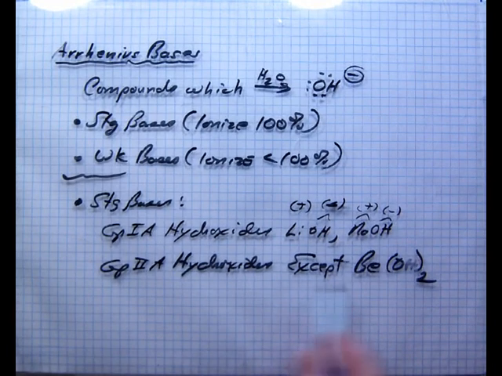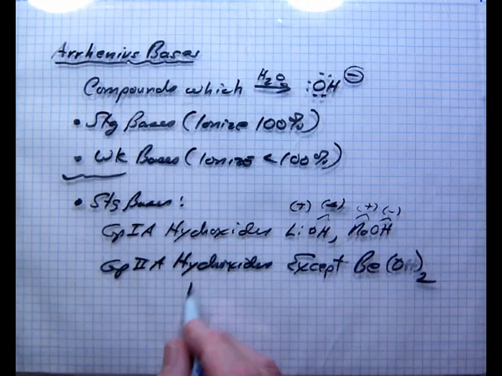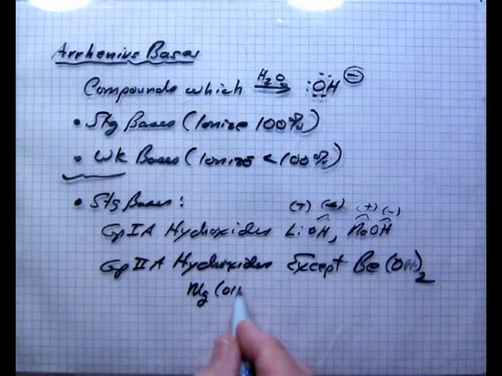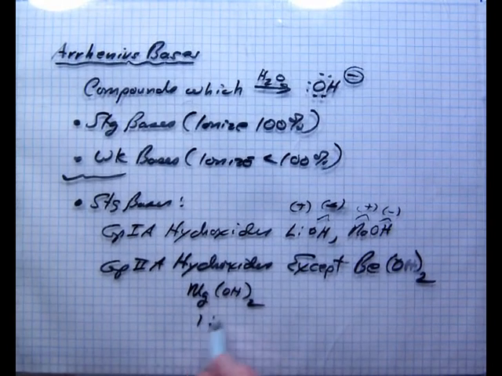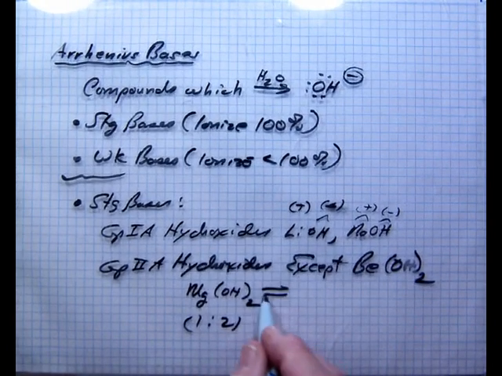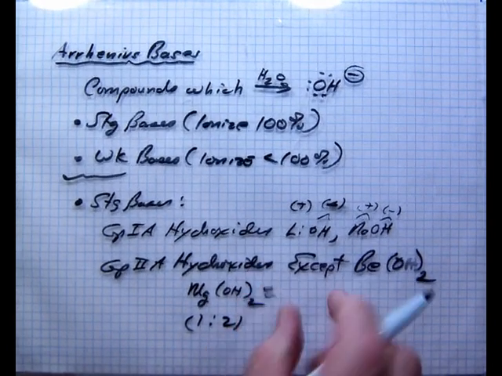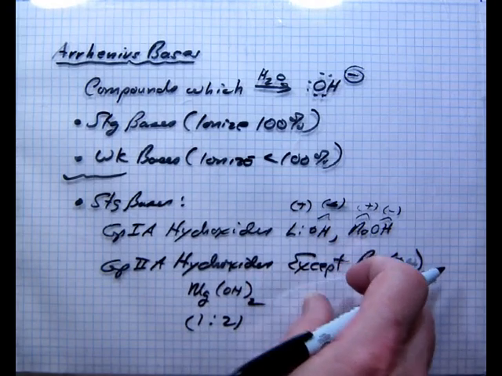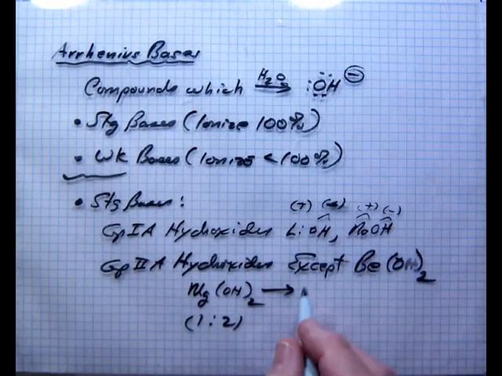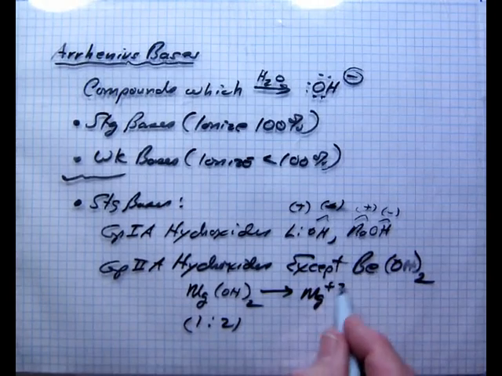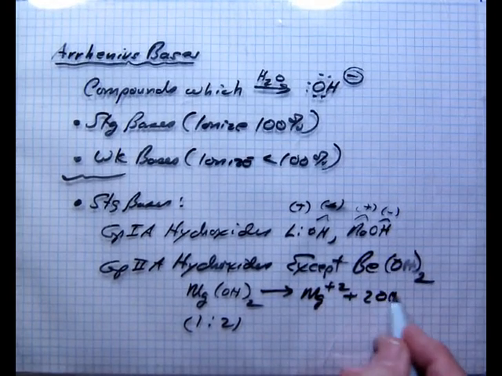But when we look at the group 2 hydroxides, say magnesium, it is a 1-to-2. And when ionization starts, it's not going to be a double arrow, magnesium is delivered plus 2 hydroxides.